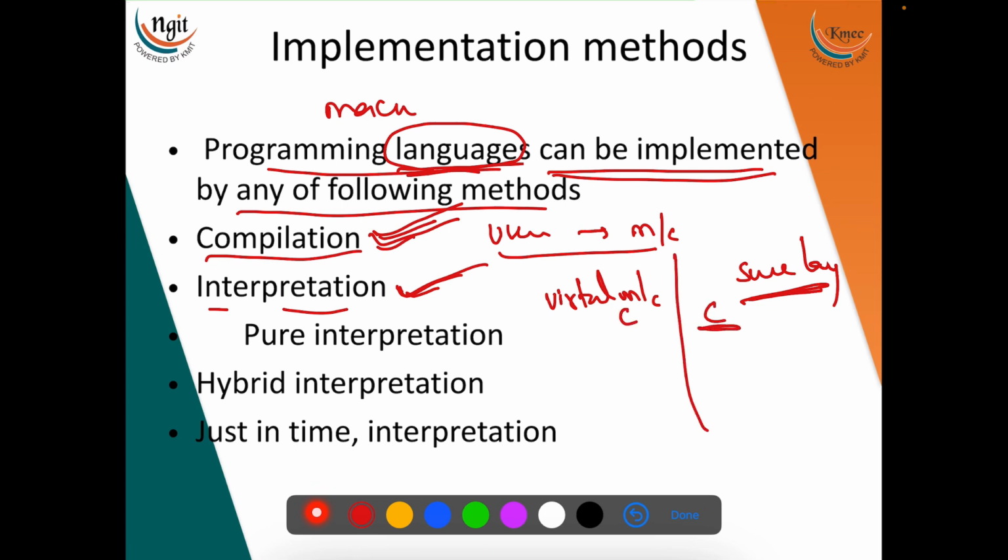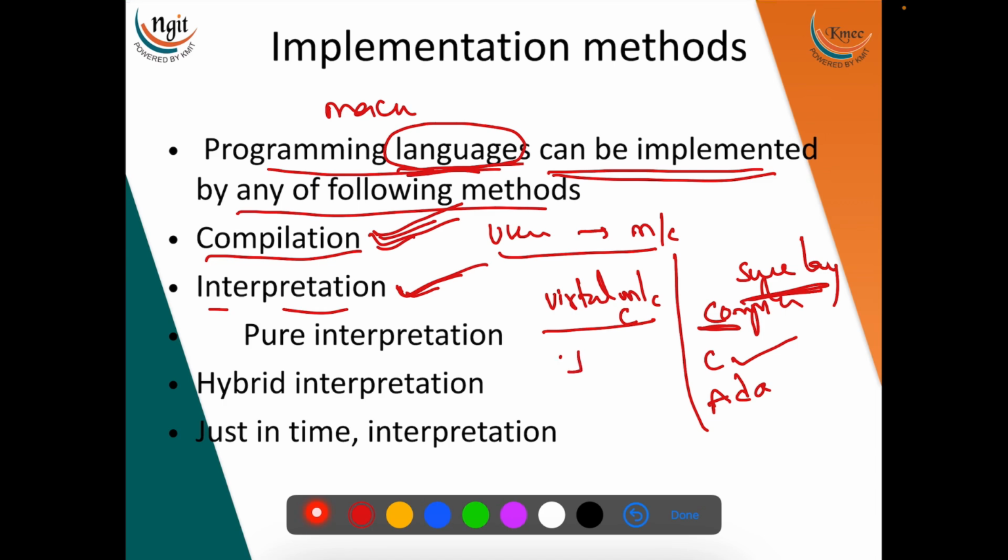We already know C is a language which uses a compiler. Is there any other language which uses a compiler? Yes, Ada is a programming language which uses a compiler. Now, coming to the virtual machine, it is also a virtual compiler and is used in many languages.